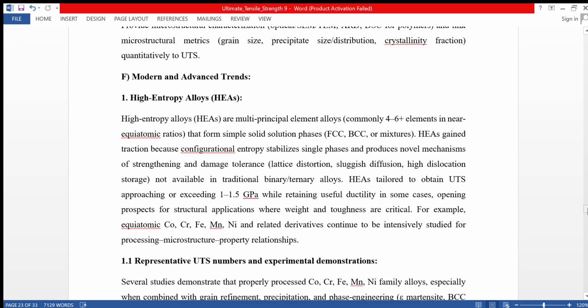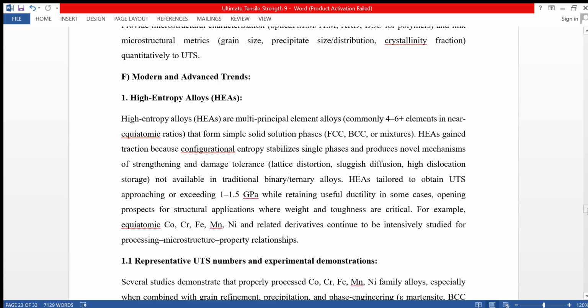Next point is modern and advanced trends. High entropy alloys. High entropy alloys, or HEAs, are multi-principal element alloys that form simple solid solution phases.